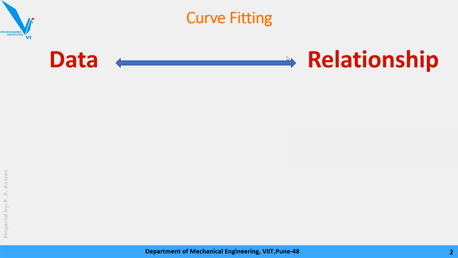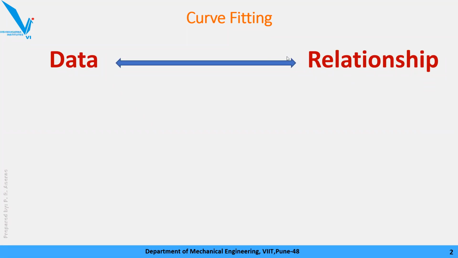To find the behavior or the law followed by the data, or to use the data to predict something, we need to develop a relationship between the input parameter and the output parameter, or the driving parameter and the resulting parameter or outcome of that analysis.